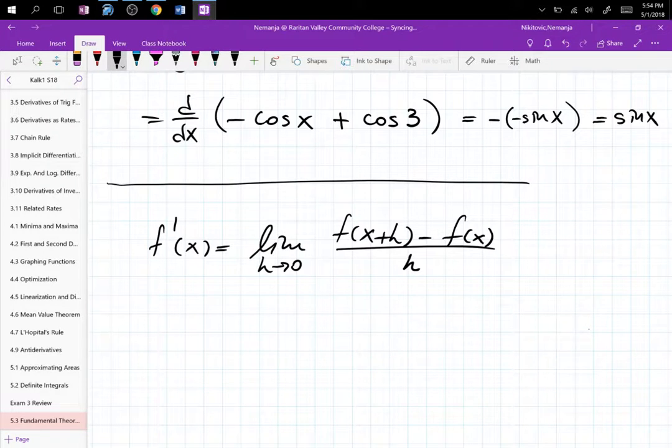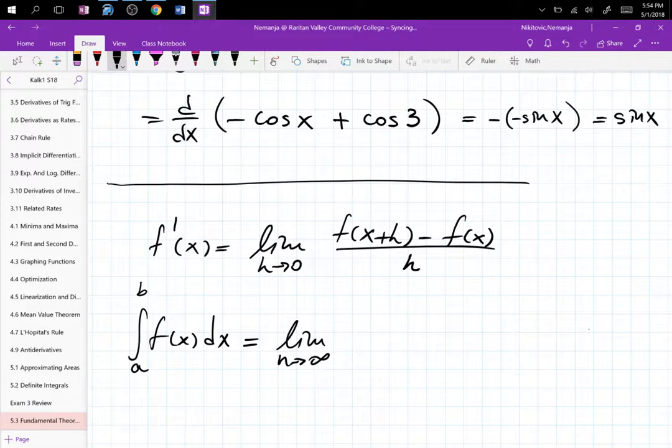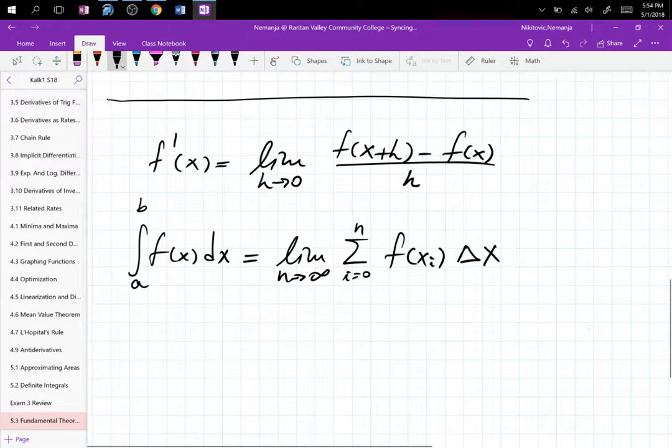And from last time, the integral from a to b of f of x dx is given as the limit as n goes to infinity of the summation i from 0 to n of f of x_i delta x. By looking at these two formulas, can you tell me why they are opposite of each other?